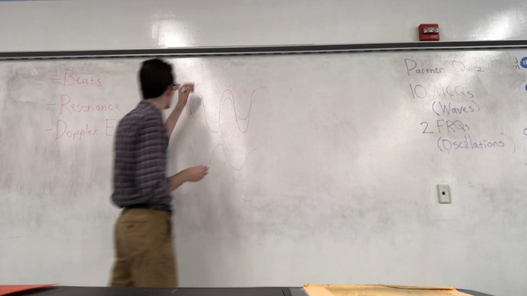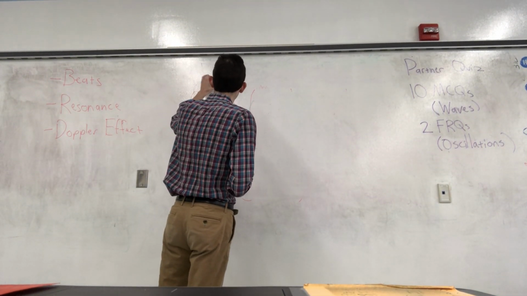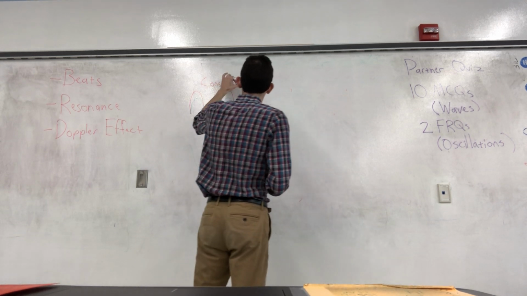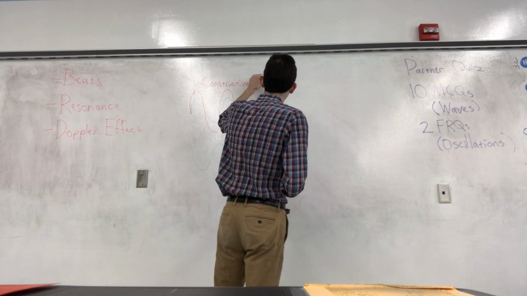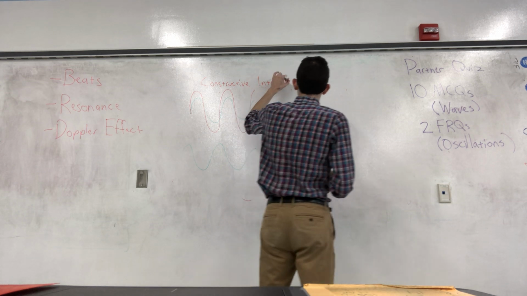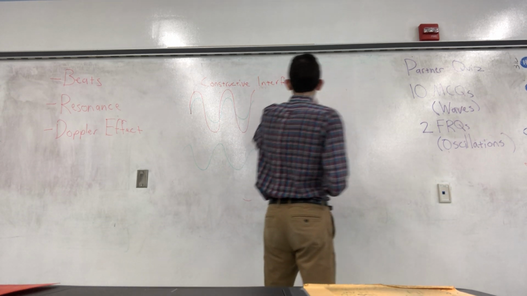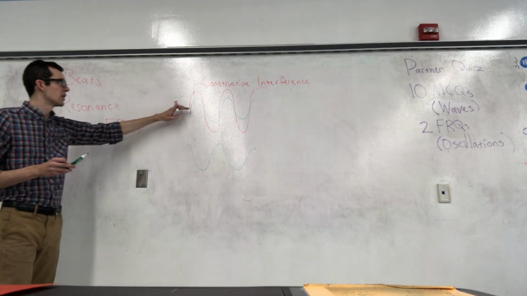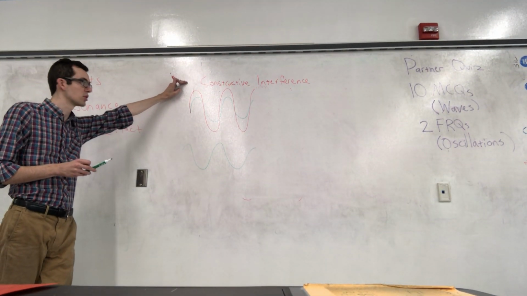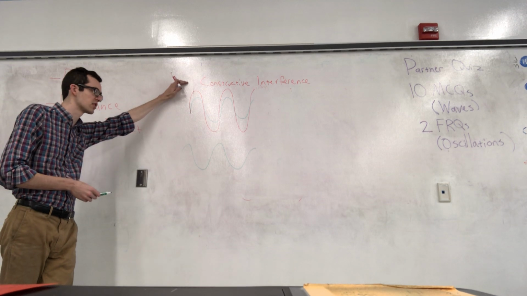This would be constructive interference. Constructive interference means the two waves build off of each other and help each other. So they're adding together to make a bigger amplitude, a louder noise if you're talking about sound.